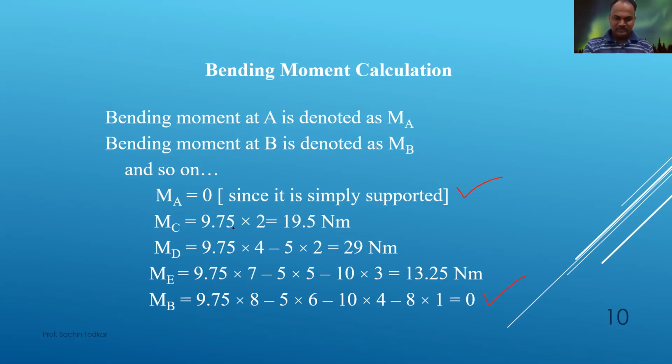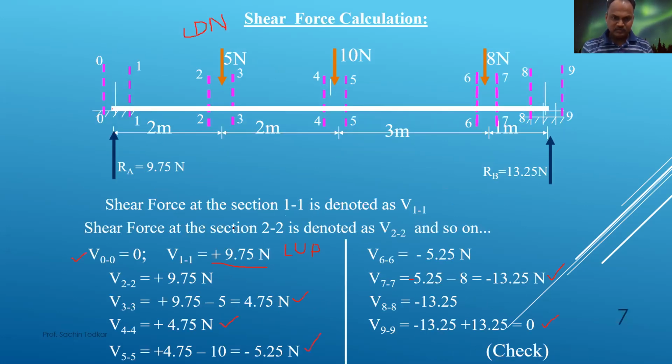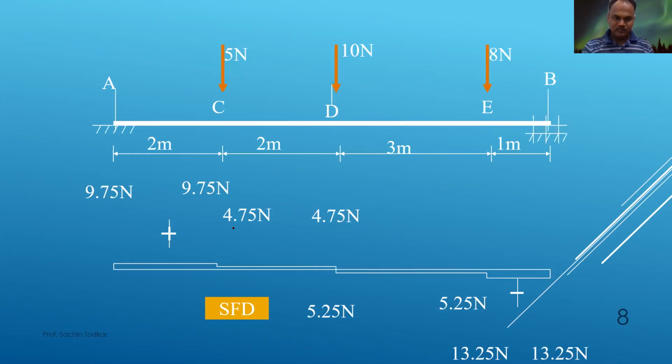Now how to calculate the bending moment? We'll go again towards the diagram. I have to calculate the bending moment at this point, and I have to remember that I have to take bending moment on either side of this point.